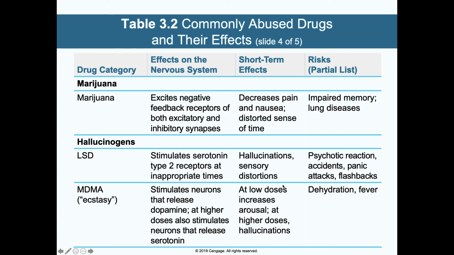So again, you have hallucinations and distortions. At certain lower doses, it could increase arousal, but at higher doses, then it leads into hallucinations. And of course, some of the negative risks are very, very serious risks of psychosis, psychotic reactions, accidents, panic attacks, dehydration, fever, all very serious risks.